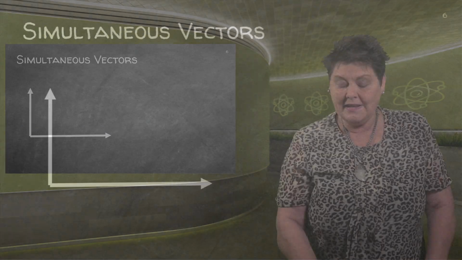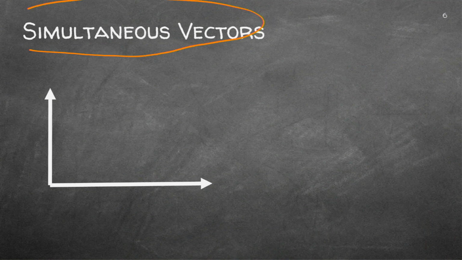Now, simultaneous vectors are happening at exactly the same time. So I've got an object there, and I'm pulling this object with a force this side 5 Newton and that side 3 Newton. Now, where will this object be? If I pulled it only with this one, it would have been there.